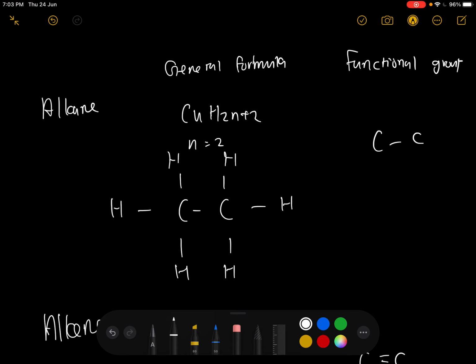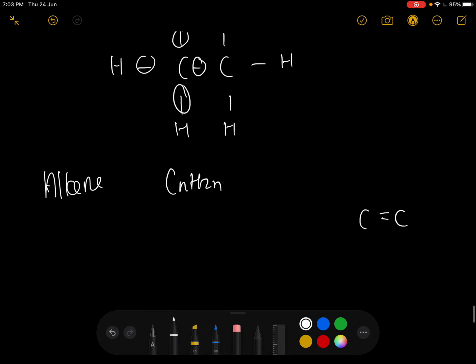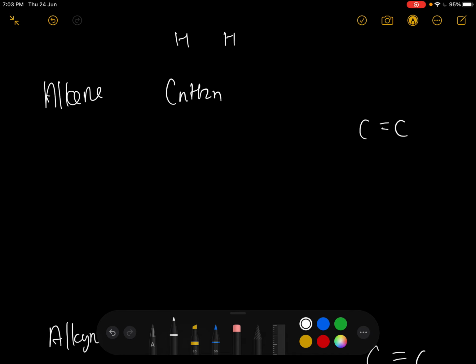The key to drawing a structural formula is you need to be aware of the number of bonds the carbon has, or in more understandable terms, how many lines are connected to carbon. In this case, carbon has 4 lines. So that means I wrote this correctly. How about alkene?